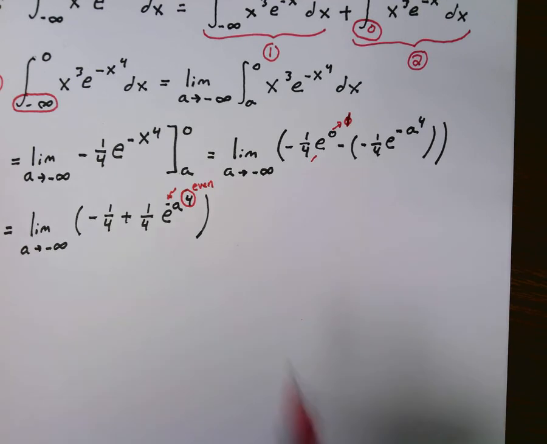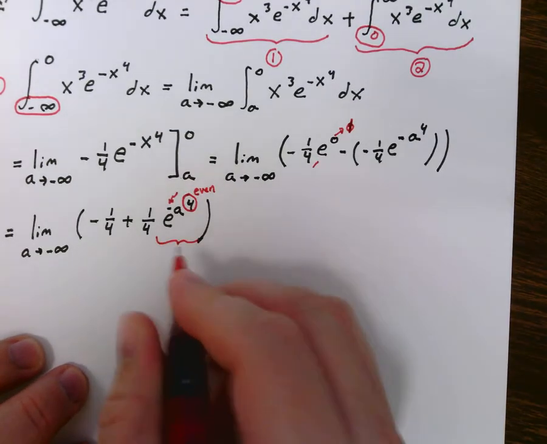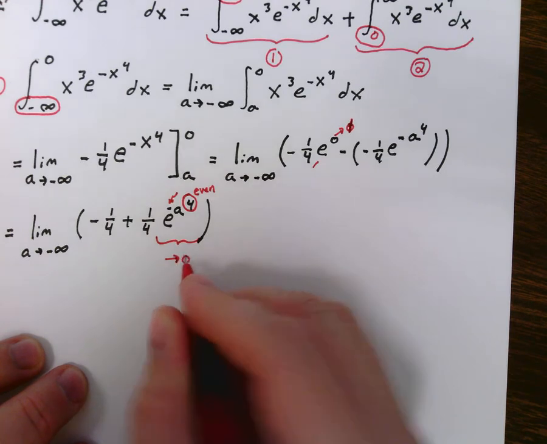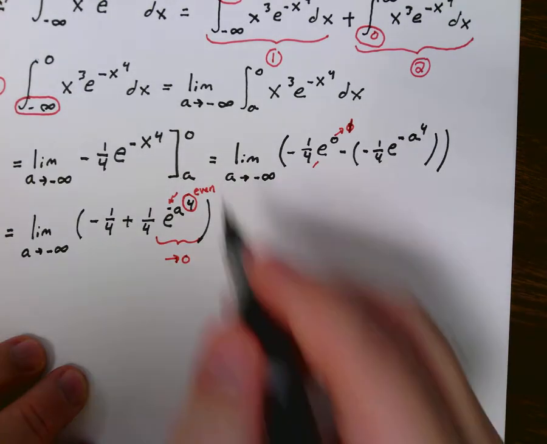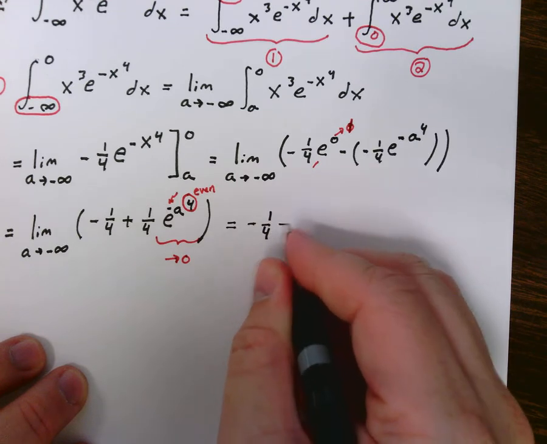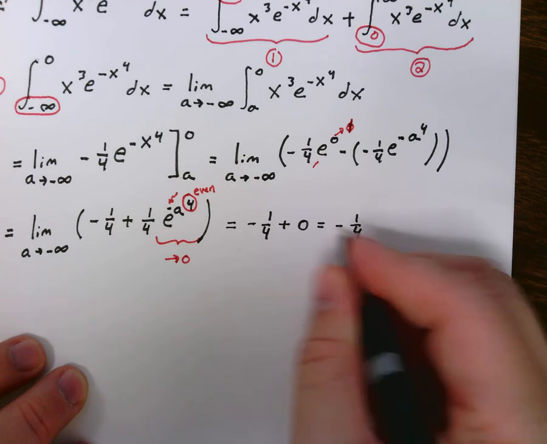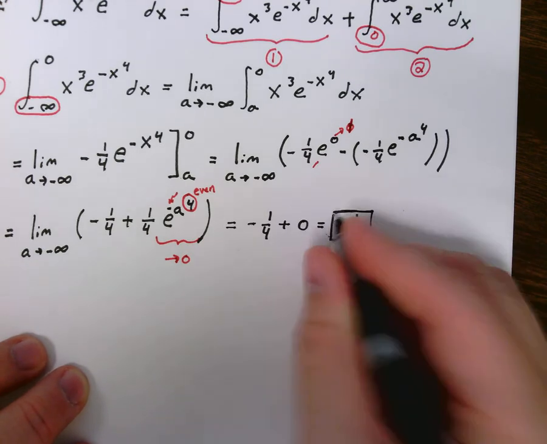Because what happens is this is going to go to 0. Okay, so the answer is going to be equal to negative 1/4 plus 0, which is equal to negative 1/4.